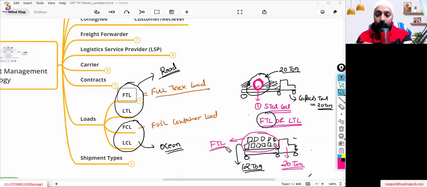Whatever the less than truckload is, they want to combine the deliveries to make sure they have a full truckload scenario. If you have a full truckload, you have maximum utilization of your resource. If you don't have a full truckload, you don't have maximum utilization. So all companies are interested to convert their LTL into FTL. That's where transport management would be helping them.